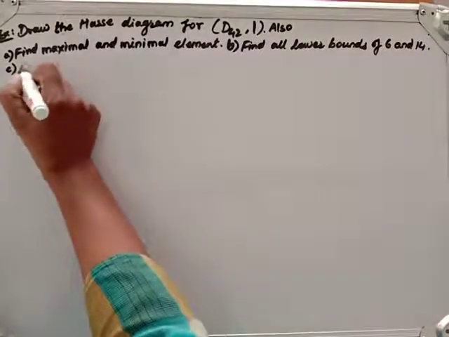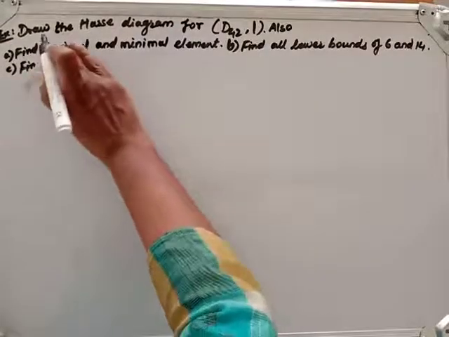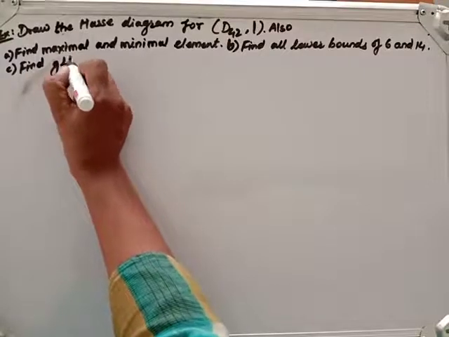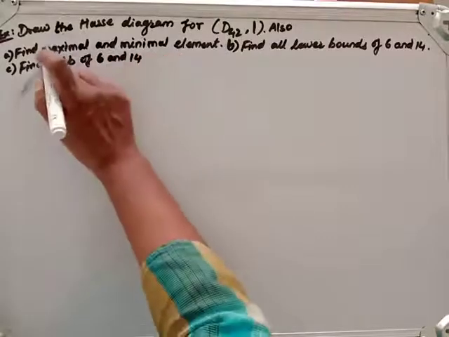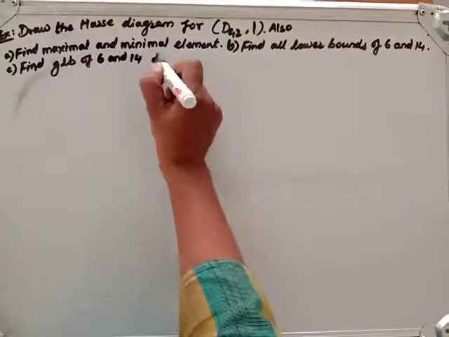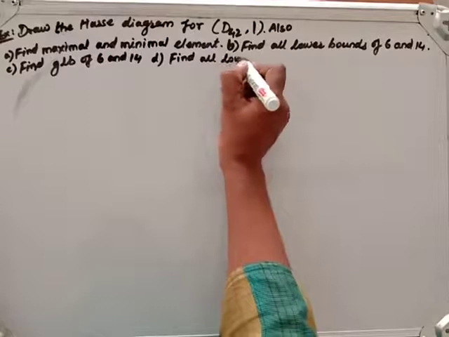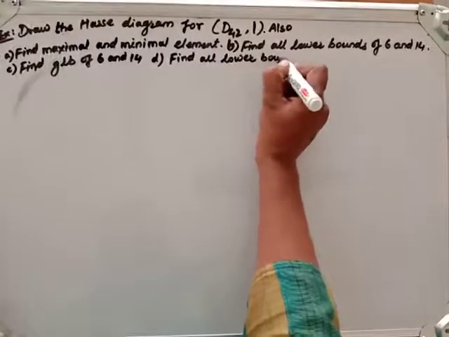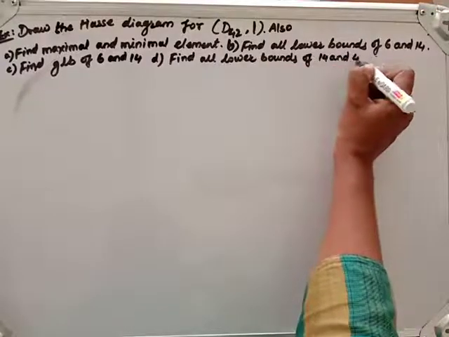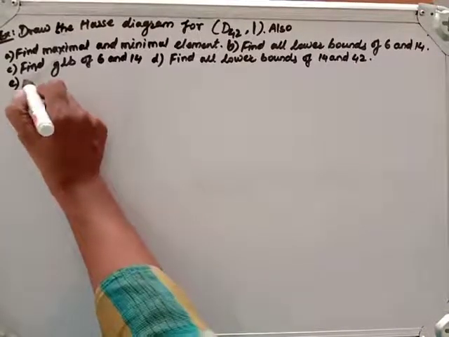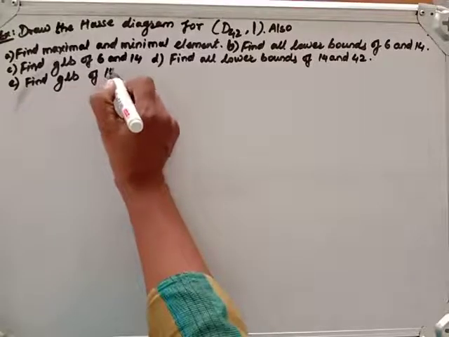Suppose (c), find greatest lower bound of 6 and 14. Okay, now next one, (d): find all lower bounds of 14 and 42. (e): find greatest lower bound of 14 and 42.